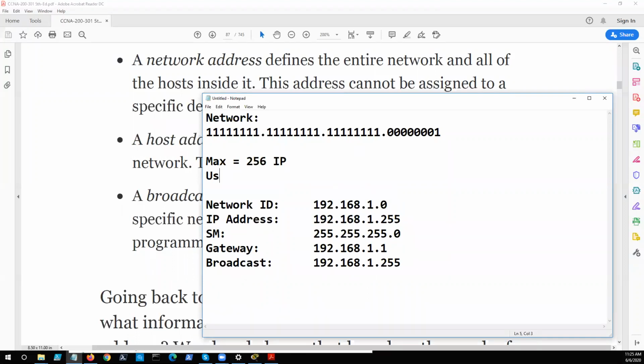But usable is 254. Why? Because you need to deduct the net ID and broadcast.